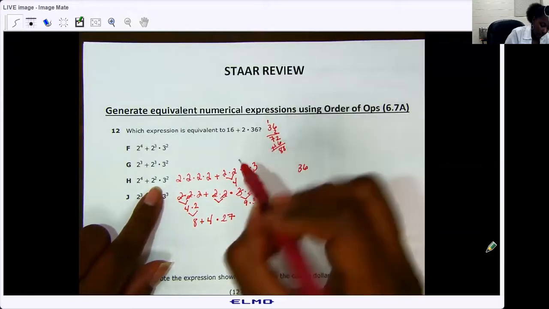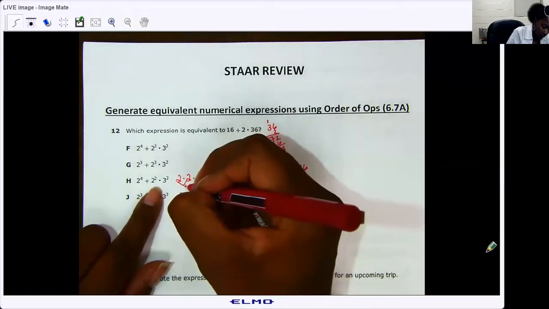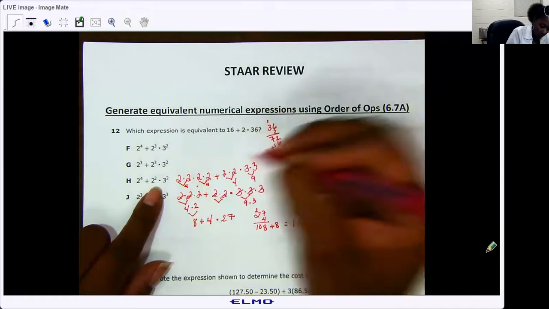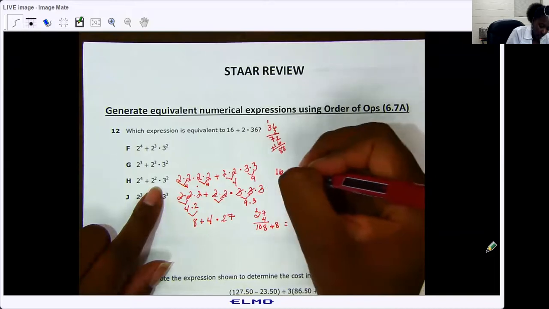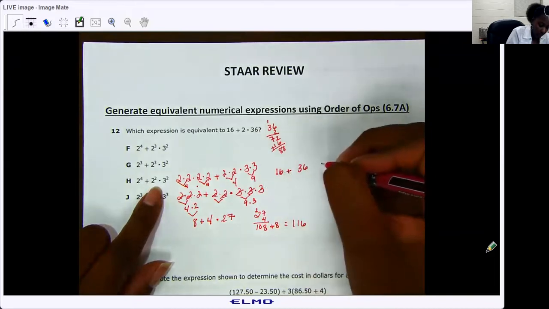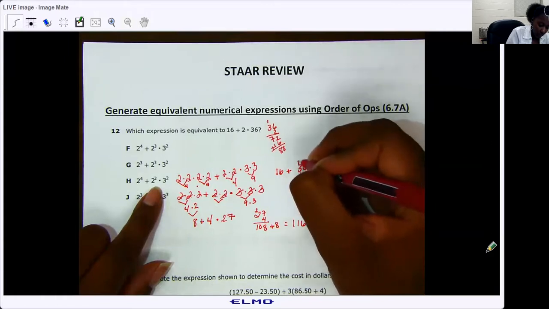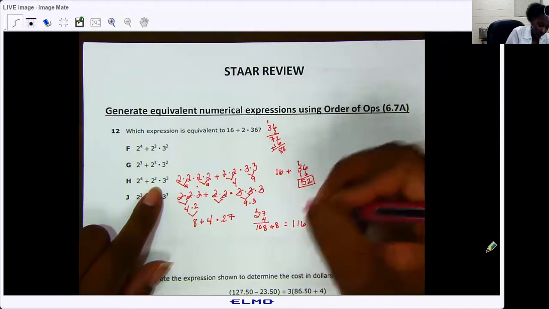Then we have over here, 2 times 2 is 4, 2 times 2 is 4, 4 times 4 is 16. 16 plus 36 would give us, oh, I should have lined it up. 6 and 6 is 12, 3, 4, 5, that's 52.